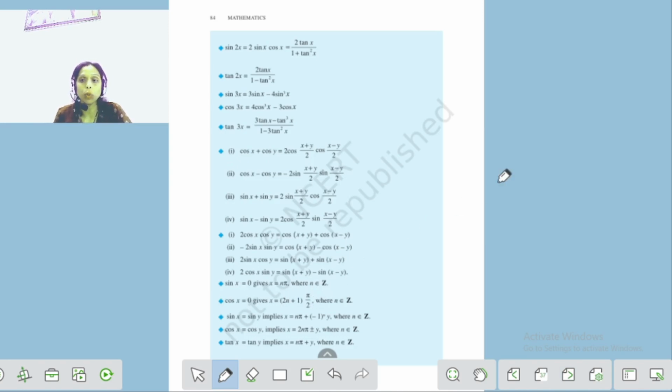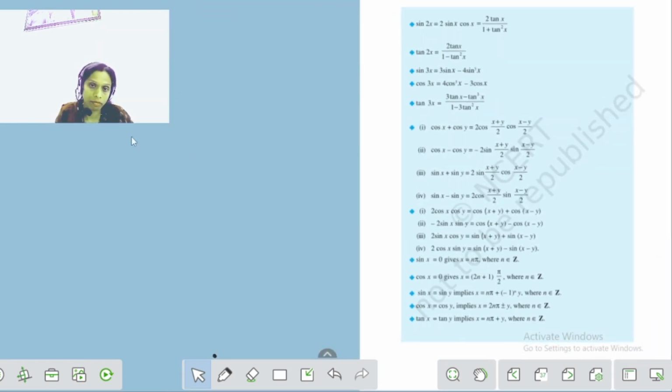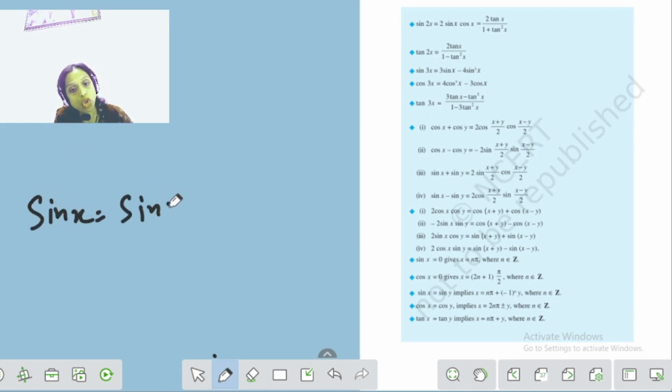If sin x is equal to sin y, if you have to equate two sine terms, then the answer would be in the form of n pi.